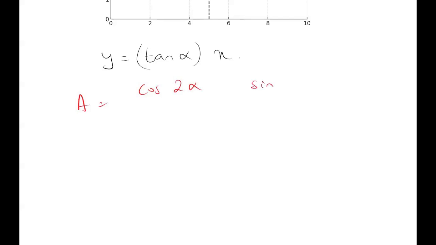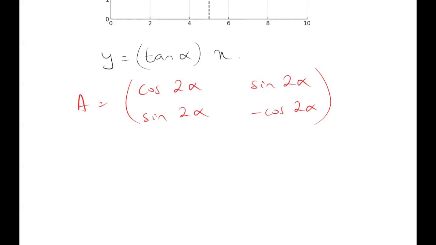So whenever I have a mirror line in the form of y equals tan alpha times x, then my transformation matrix A will look something like this: cos 2 alpha, sin 2 alpha, sin 2 alpha, and minus cos 2 alpha.